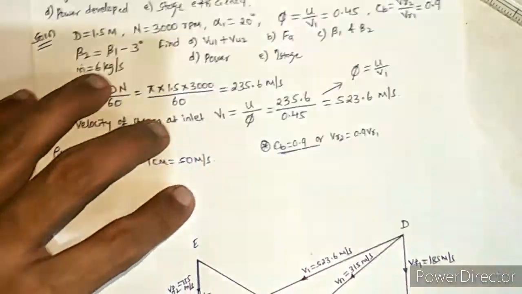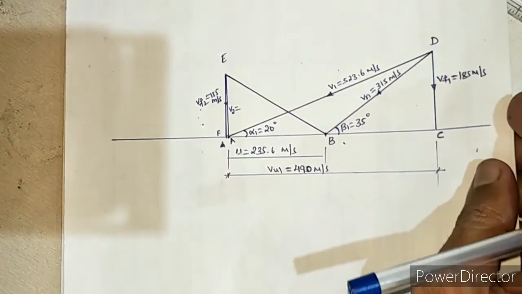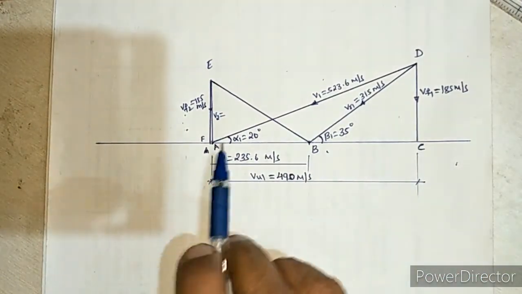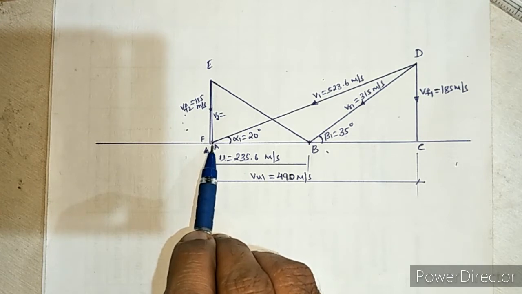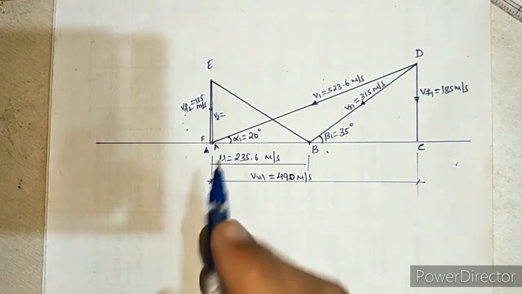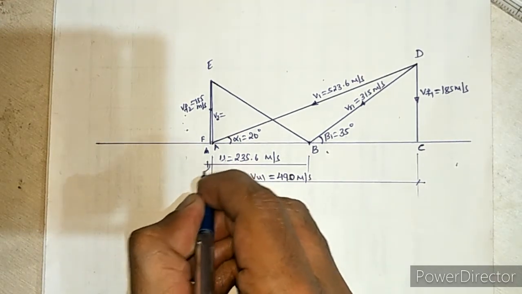So we have drawn the velocity triangle. As you can see, there is a slight gap between F and A, and that value is nothing but VU2.